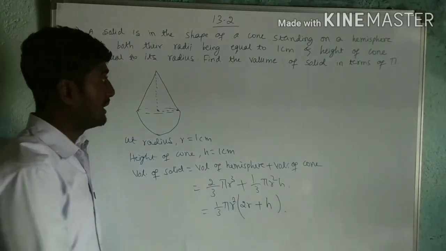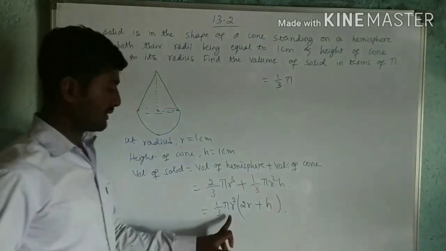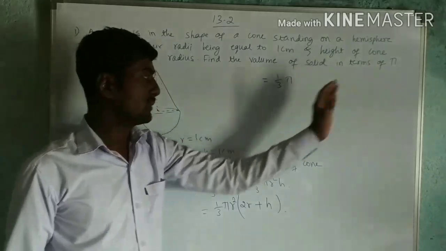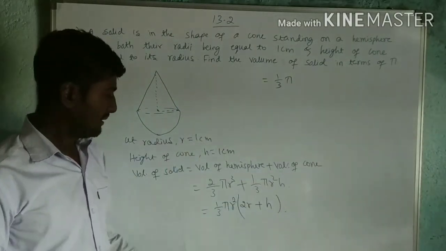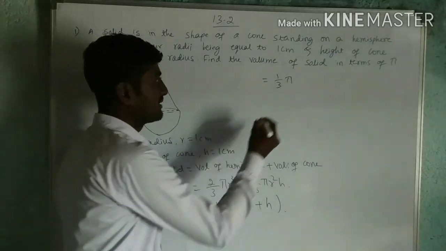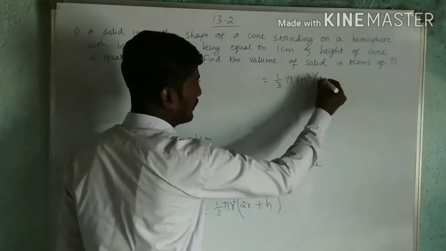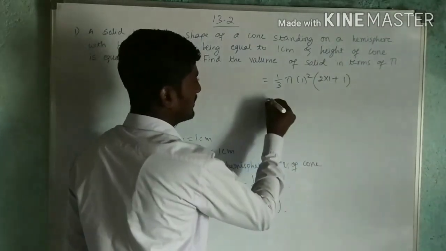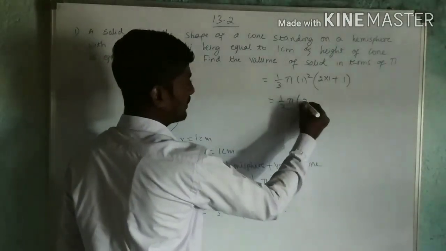Now let us substitute the values. That is 1 by 3 pi. We should not put the value of pi, because they ask you to find it in terms of pi, so the final answer must have pi. r is already 1, so 1 square inside. 2r, 2 into 1, plus h value 1. So 1 by 3 pi, inside 2 plus 1 is 3.